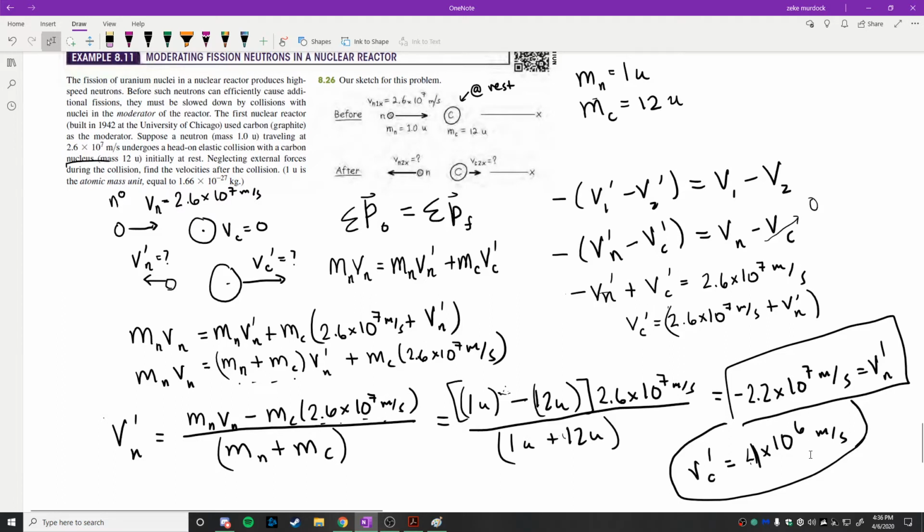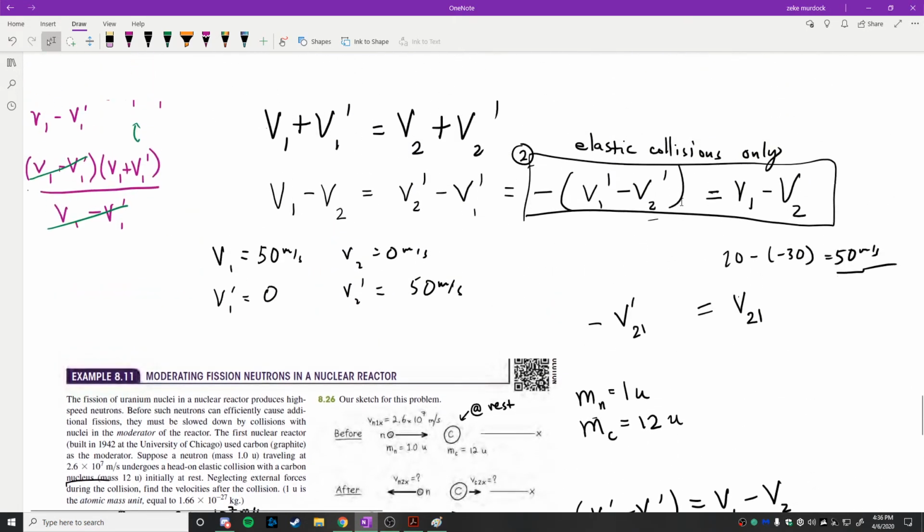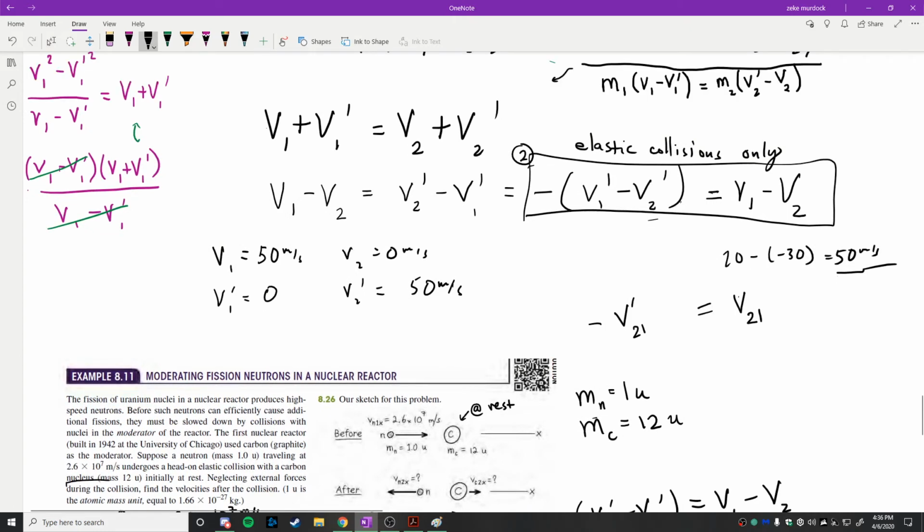Does that all make sense? Does anyone have any questions? One thing I want to mention is that I didn't mention this before, but this specifically is for one-dimensional elastic collisions, like what we just did.